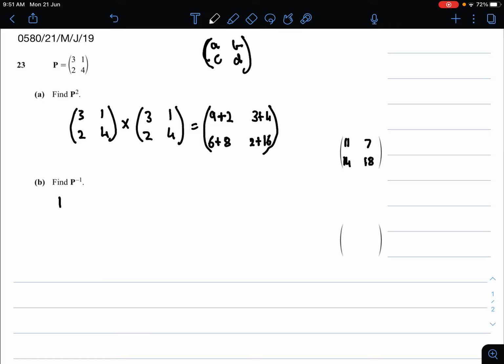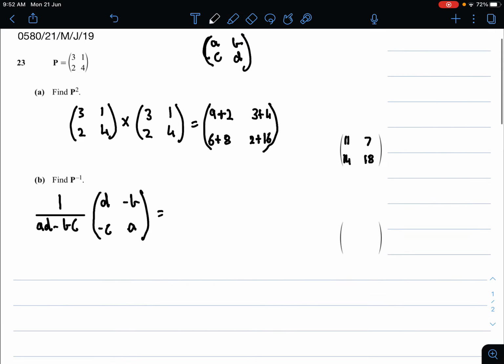So the formula for finding an inverse of a matrix is 1 divided by AD minus BC multiplied by the matrix D, minus B, minus C and A. So all we need to do is basically rewrite the matrix and find its multiplier with this formula.